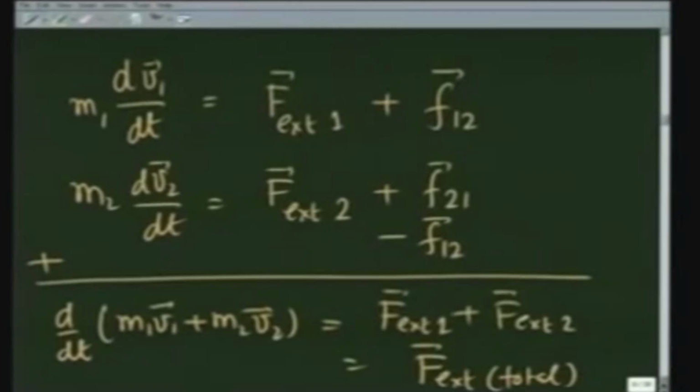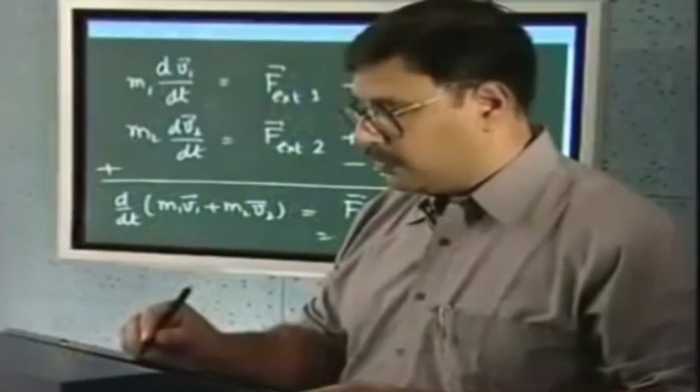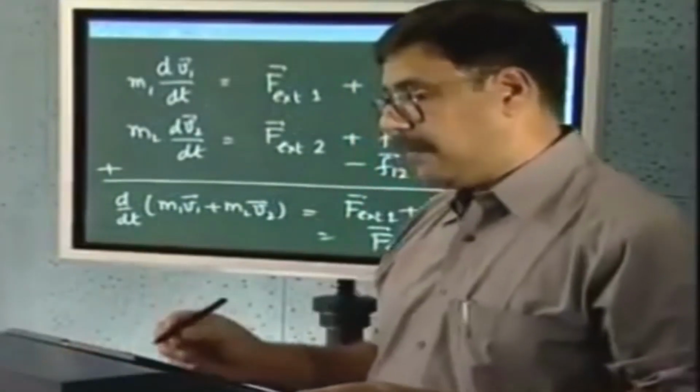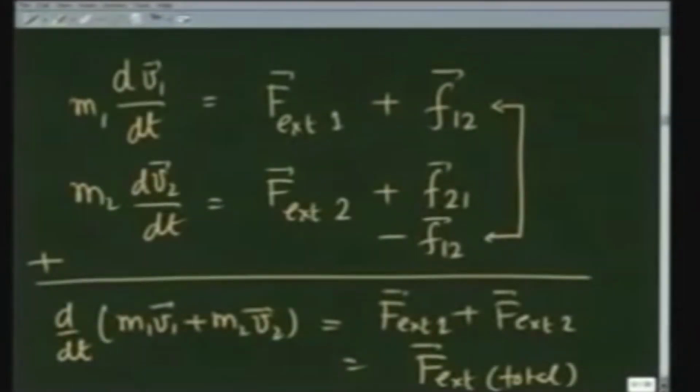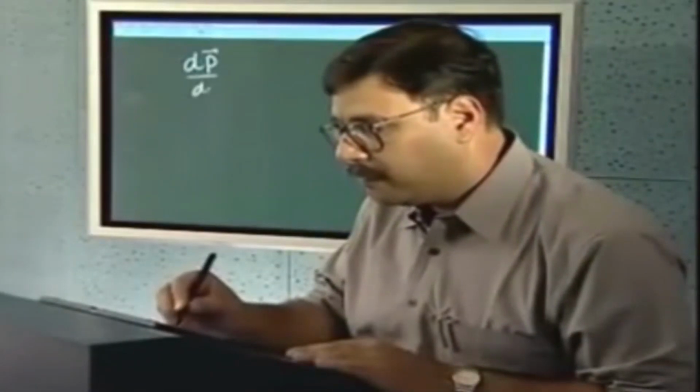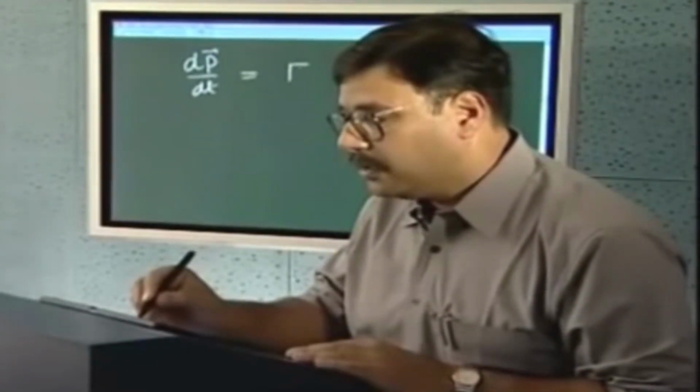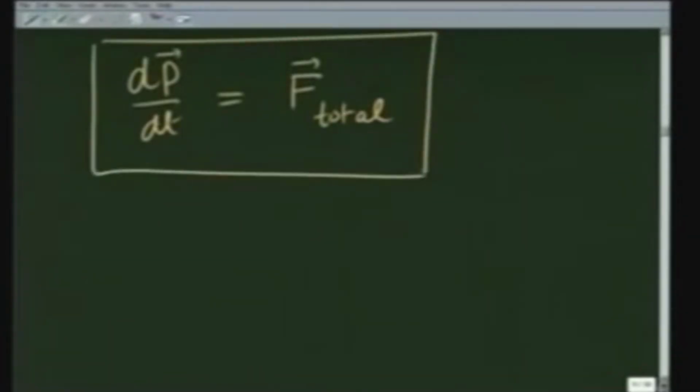So as long as Newton's third law is applicable, given a system of particles, the rate of change of total momentum is equal to the net or total force applied from outside, no matter what is happening between the particles.